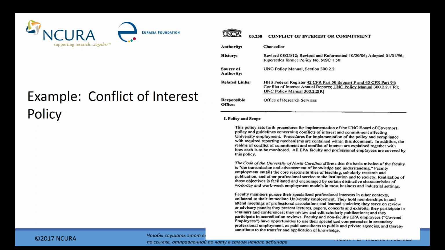Our related links give you the Federal Register 42 CFR, annual reports, and the UNC Policy Manual links, as well as the responsible office. Then we start into the body, which has the policy and the scope. A link to the full policy is on the last few slides.